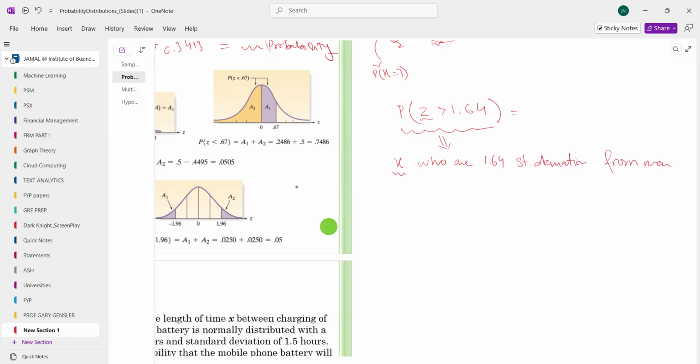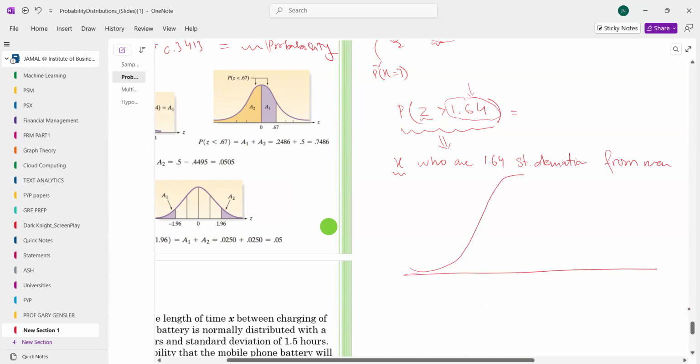So what I'll do, I'll go back to the table and look for the probability of 1.64. So I'll just draw, this is my normal curve, for example, and this is my z-score. And here probably this is 1.64, this is my z-score.